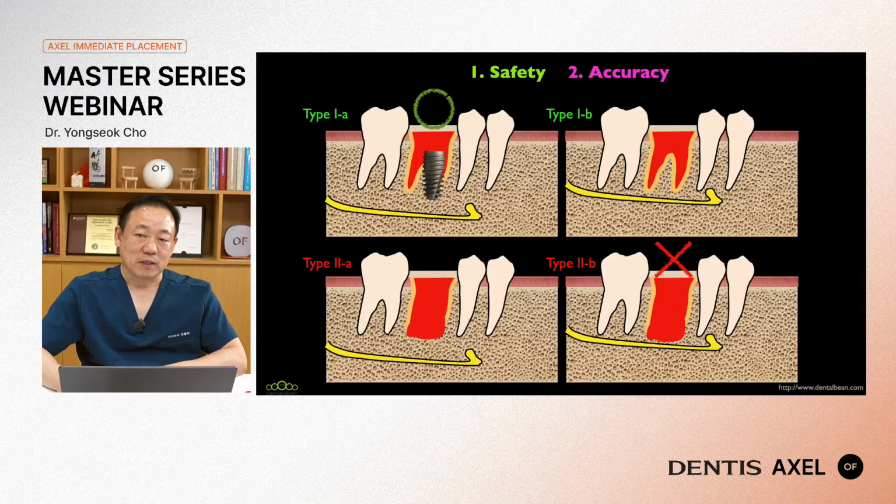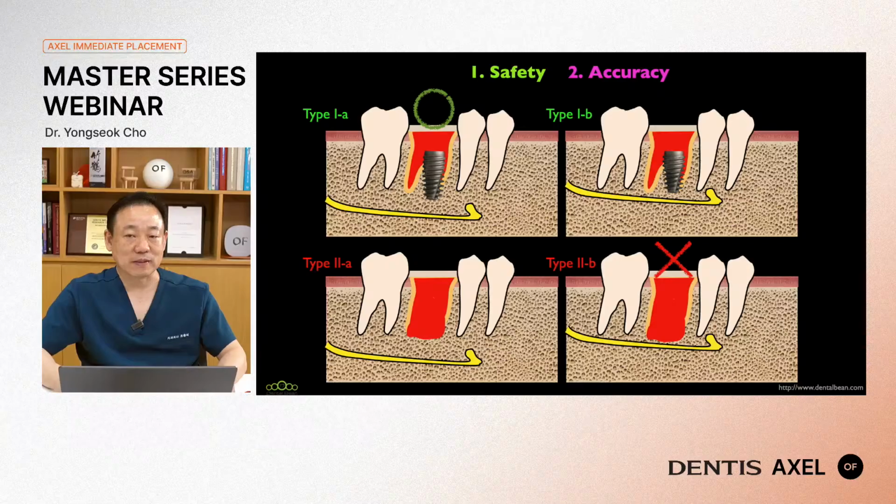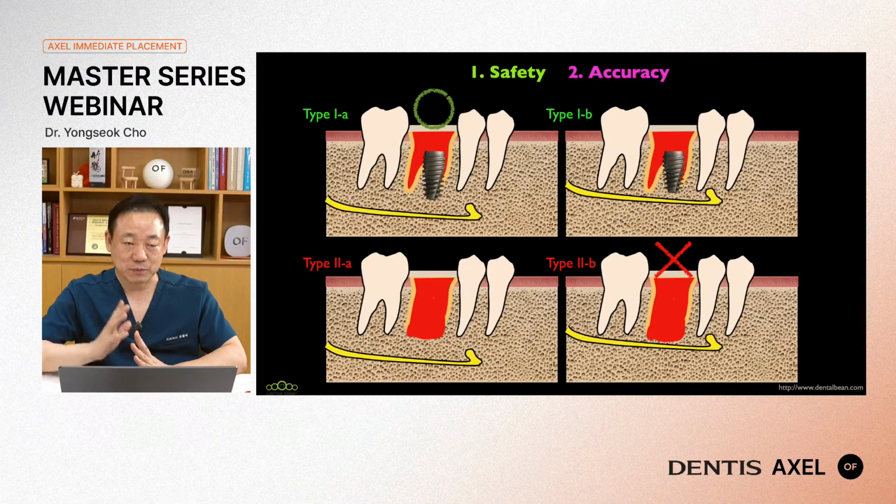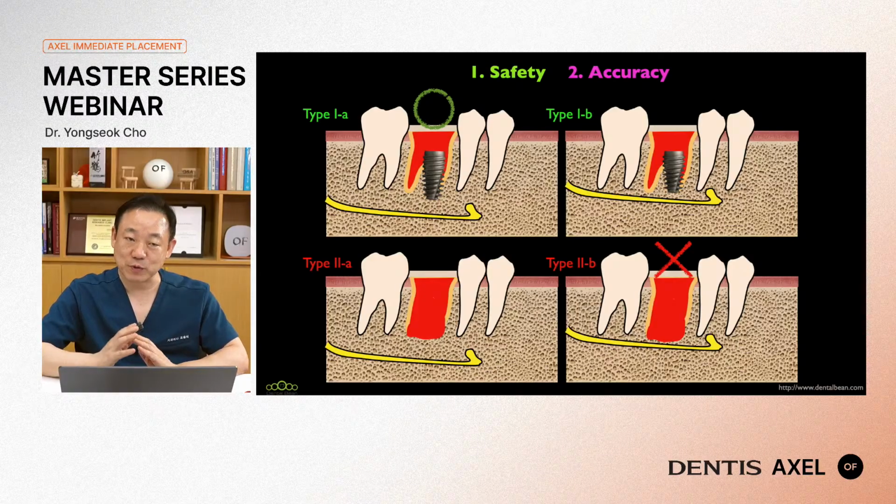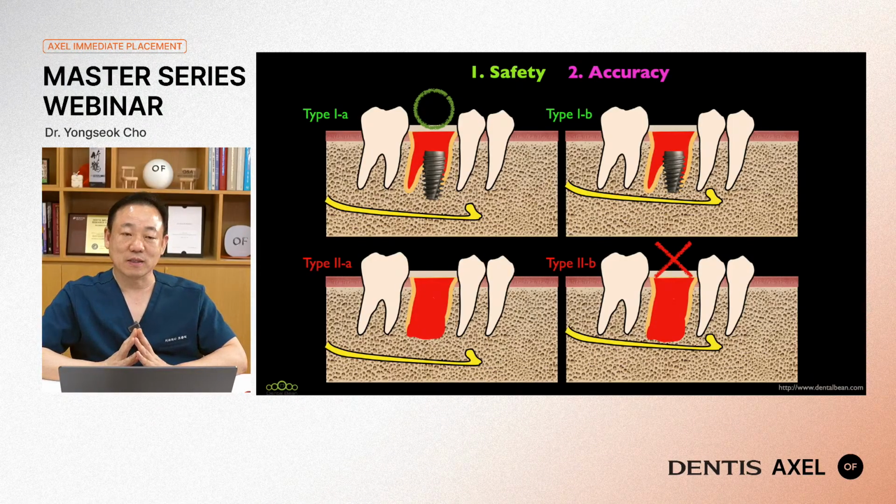Type 1B: when you place the implant very carefully, and you are an experienced dentist, you can do that. You can place the implant like this. However, it is not easy, especially for beginners who have less experience of immediate implants. It is highly risky.